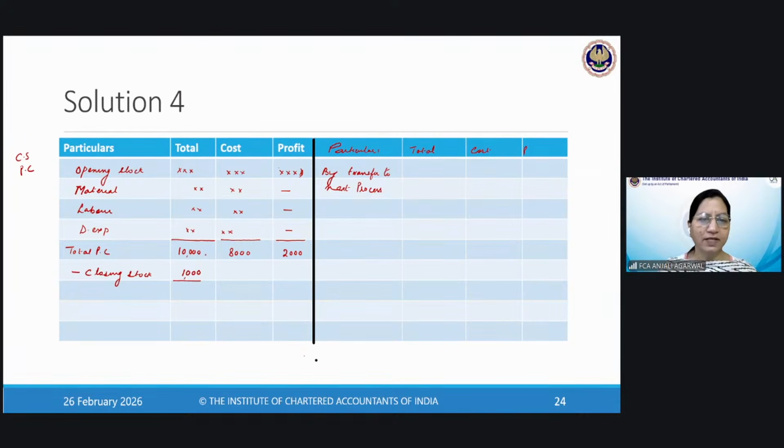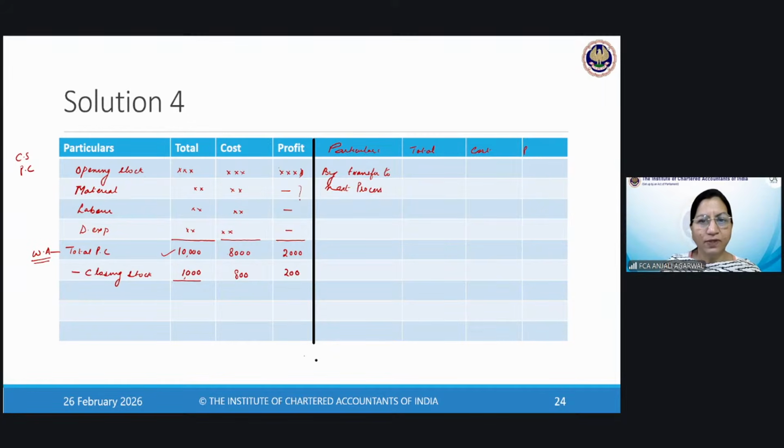If the total is 10,000, which is 8,000 cost and 2,000 profit, that is 8 is to 2. So 1,000 will have proportionately 800 as cost and 200 as profit. You will be able to calculate quickly using these figures. And because you are using these figures, which include the opening stock also, it implies you are following the weighted average method.